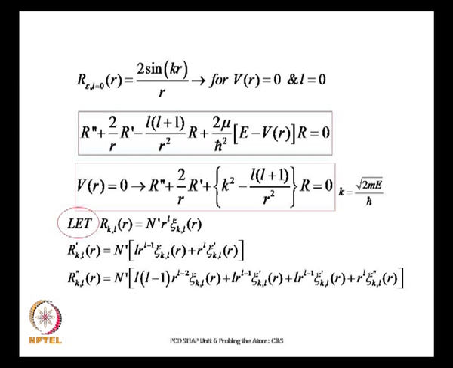So N prime is some normalization constant, and for this I can find the first derivative of r by taking the derivative of a product of these two functions, r to the L and xi, right.